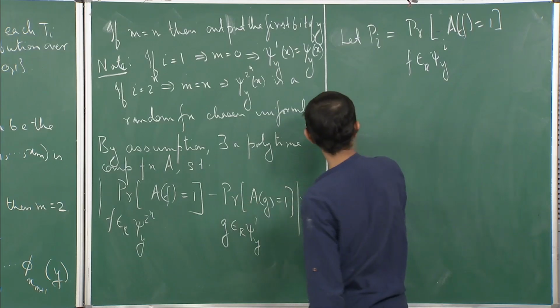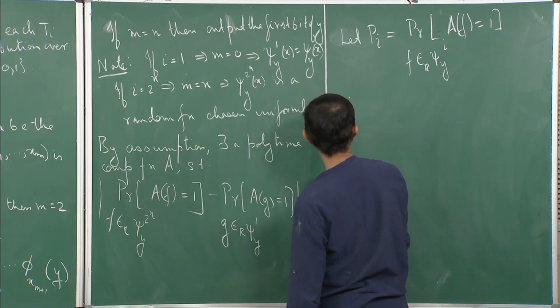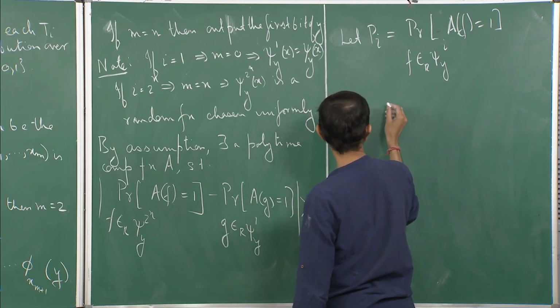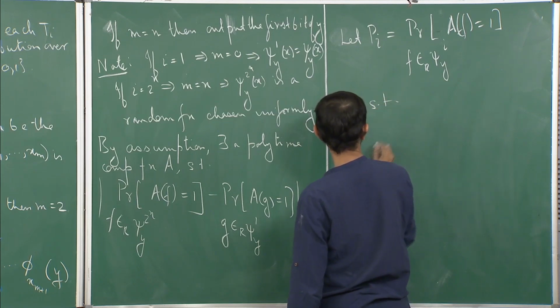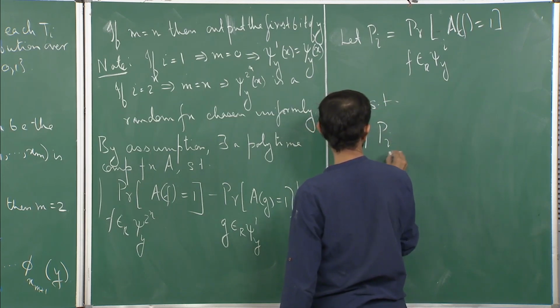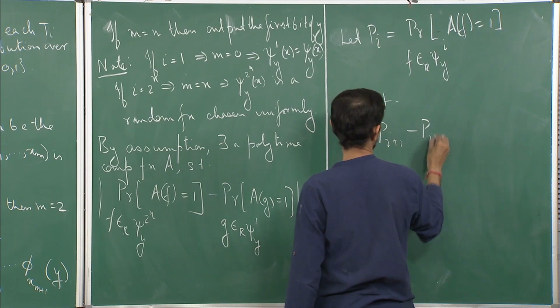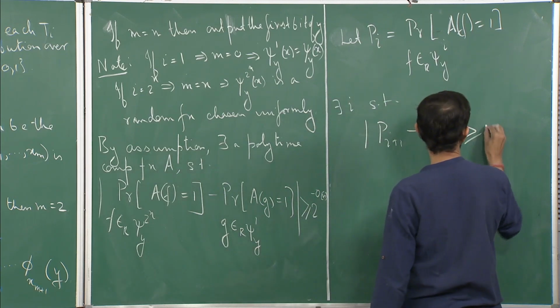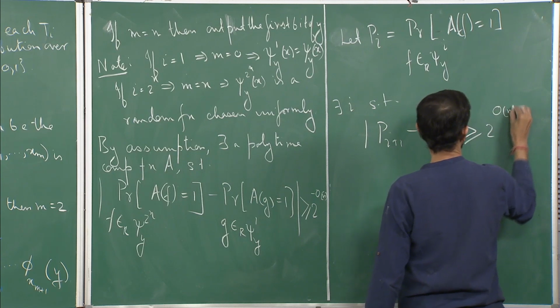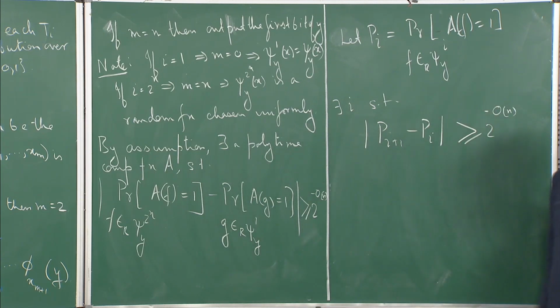So what this tells us is that there exists an i such that the difference between P(i plus 1) and Pi is at least 2 to the power minus order n. The order only changes by an additive factor of 1 in the constant, because there are 2 to the power n many of them.